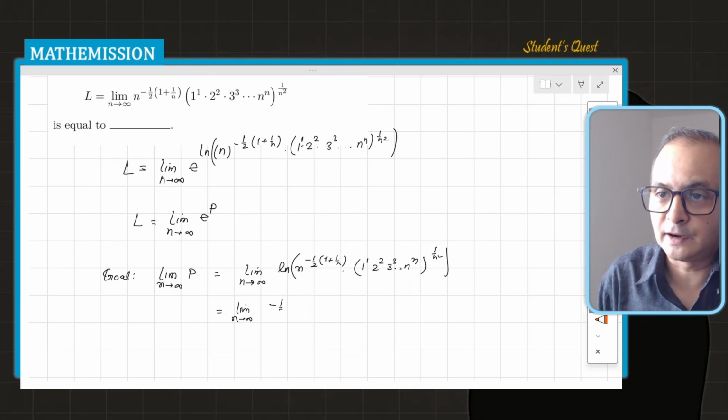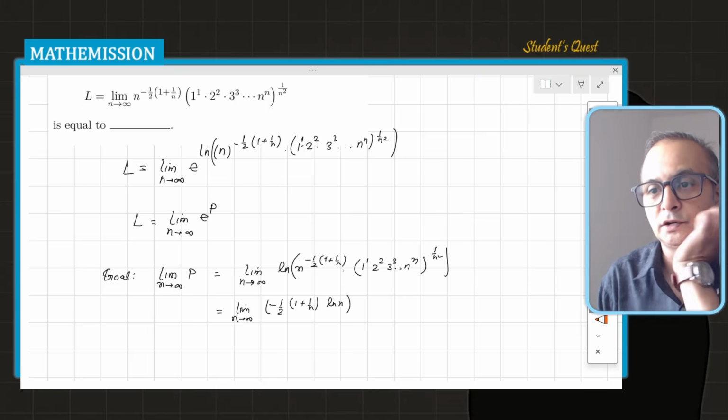So this is minus half, 1 plus 1 by n, where it is 1 plus 1 by n log n. This is the first term I got.